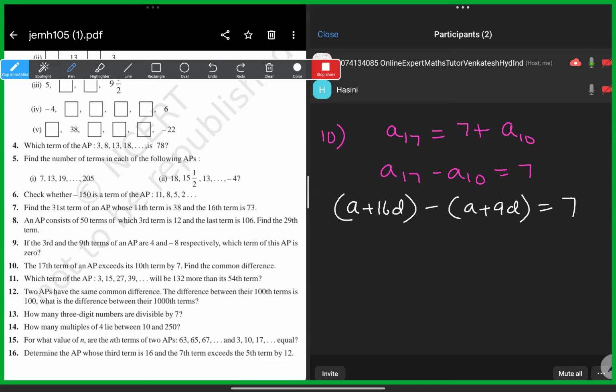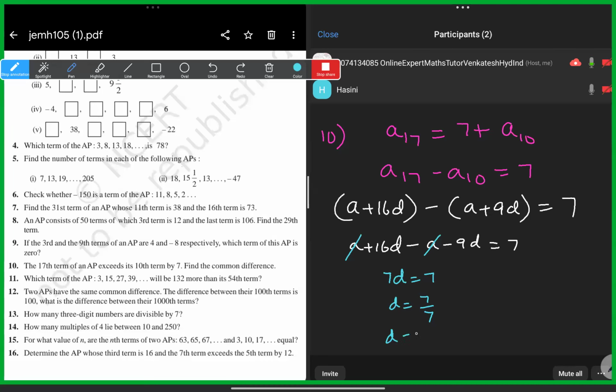Yes, Hasni. Now I'm opening the brackets. A plus 16D minus, if you open it, minus A minus 9D is equal to 7. So A minus A will cancel, and 16D minus 9D gives 7D. 7D is equal to 7, so D is equal to 7 by 7.